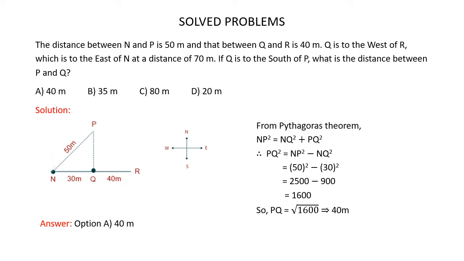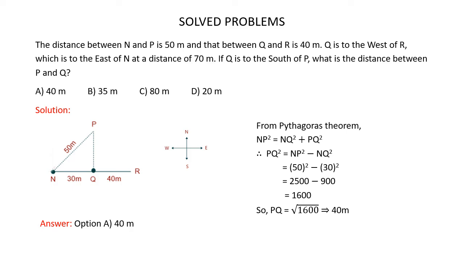It's also given that R is to the east of N at a distance of 70 meters. So if this point is N, then R will be to the east of N at a distance of 70 meters. So the distance NR is 70 meters and we know that QR is 40 meters. So NQ is 70 minus 40, which is 30 meters.